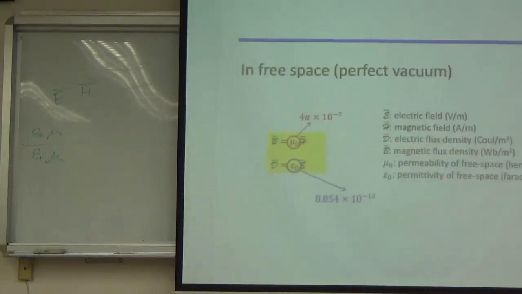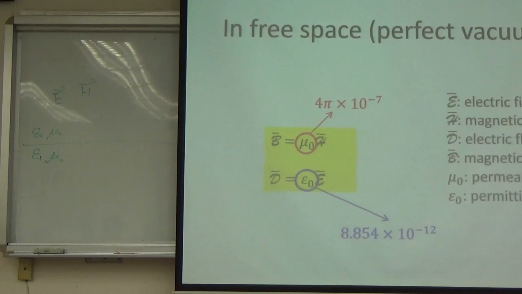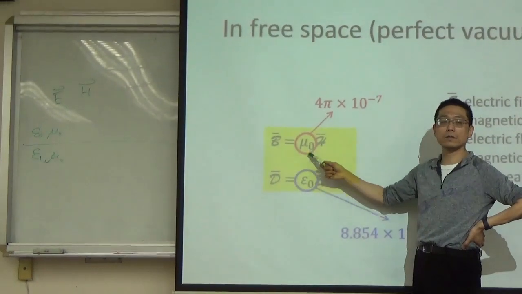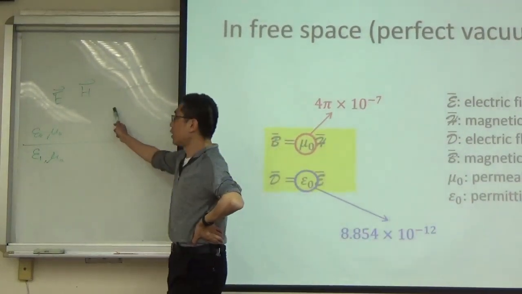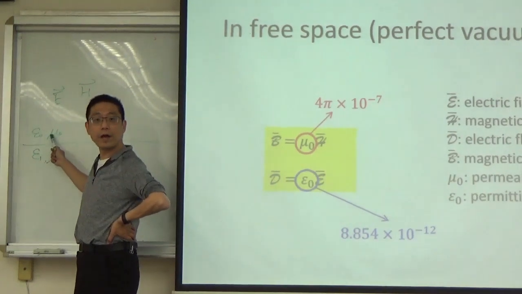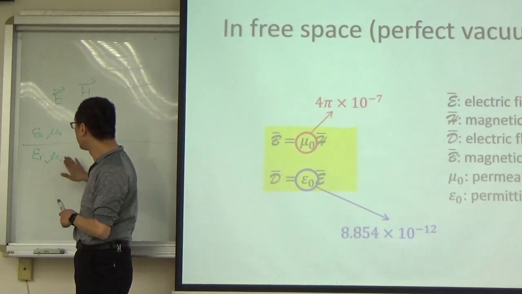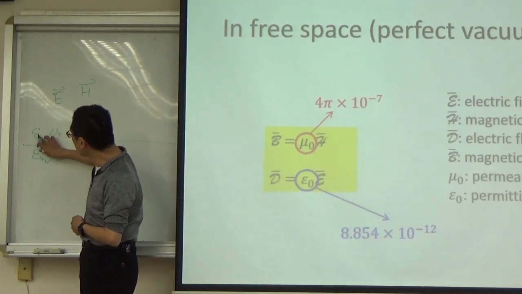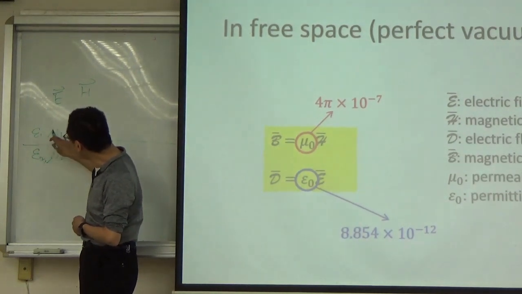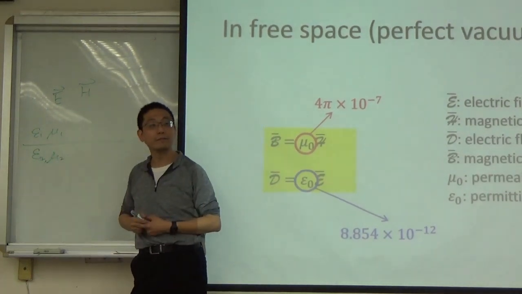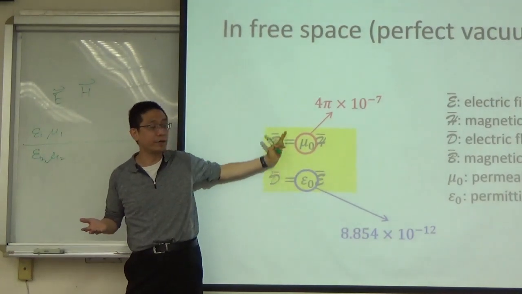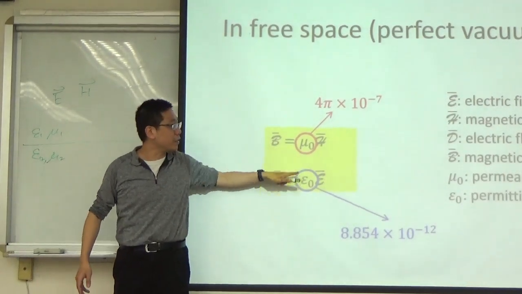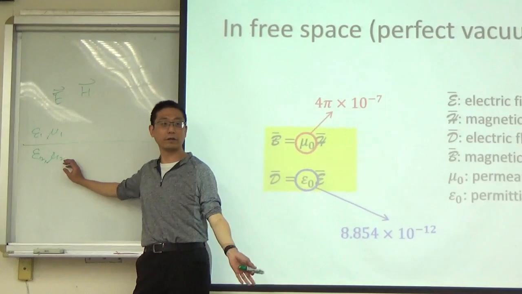If you already understand what I'm talking about, you can tell me you use a different material, a different constant. If it is air, you use mu 0, epsilon 0, right? If this is not air, maybe you use epsilon 2 and mu 2, or maybe you just rename them epsilon 1, mu 1, and epsilon 2, mu 2, right? I already told you, different materials, different mu and different epsilon. You can use that. Okay.